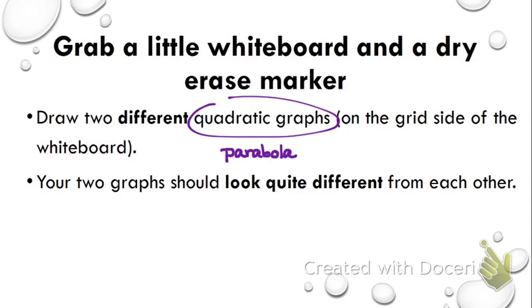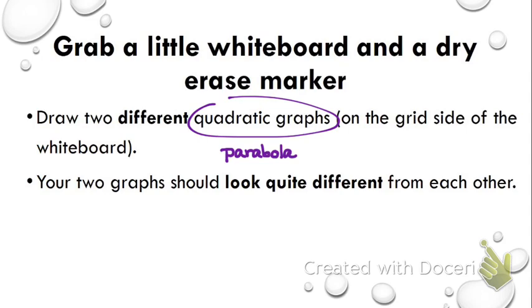Two parabolas, both U-shaped, right? Tell me about similarities and differences. One looks like it's been compressed, one looks like it's been stretched. One's negative, one's positive. How do you know which one's negative? It points down. If they point down, does that mean they have a highest point or a lowest point? A highest point. What do we call that highest point?